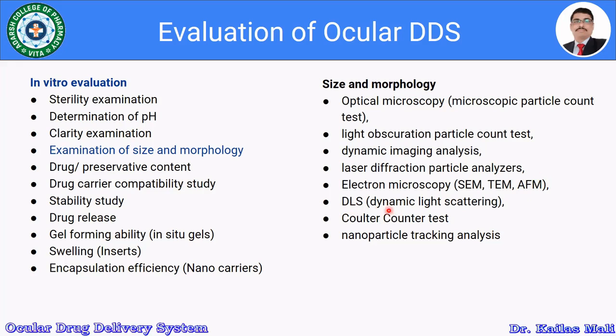Then the DLS, that is dynamic light scattering, Coulter counter test, and nanoparticle tracking analysis. So these are a few tools which are widely used to get the idea about size, shape, and morphology along with the surface characteristics of the prepared dosage form or the formulation.